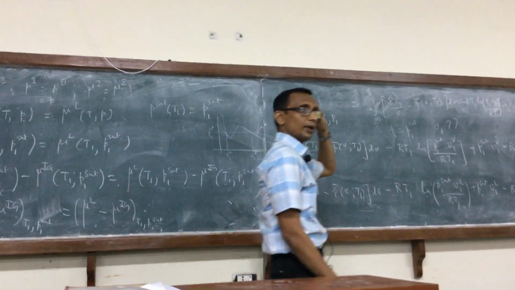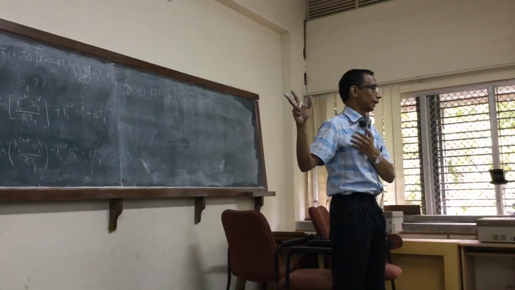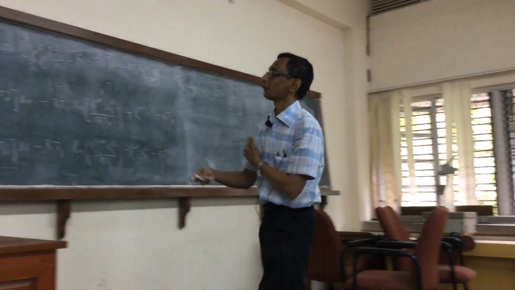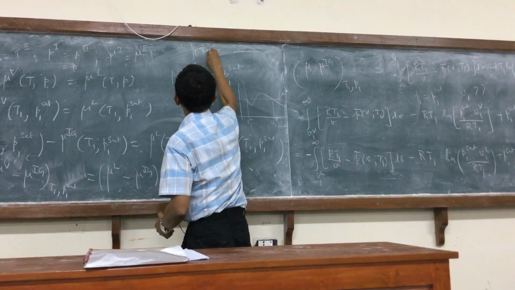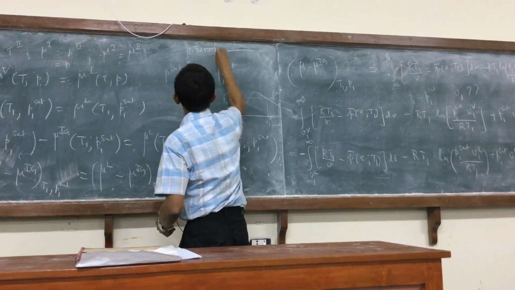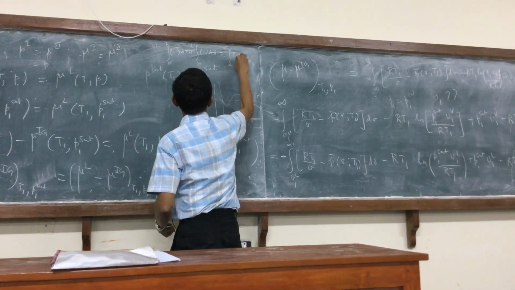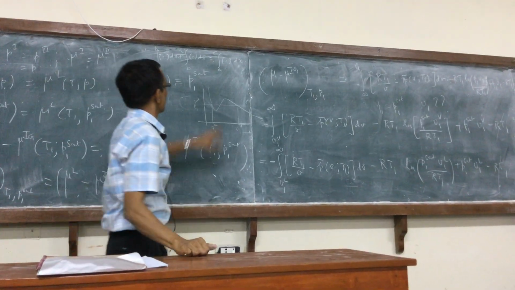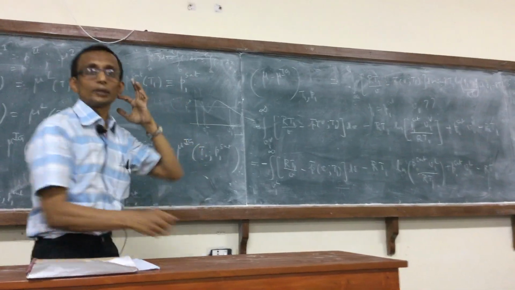So again using the integral rule, integral A to B plus integral B to C is equal to integral A to C. On the other hand, if I have integral of some function dx plus, here A you can take to be V1L and C to be infinity.